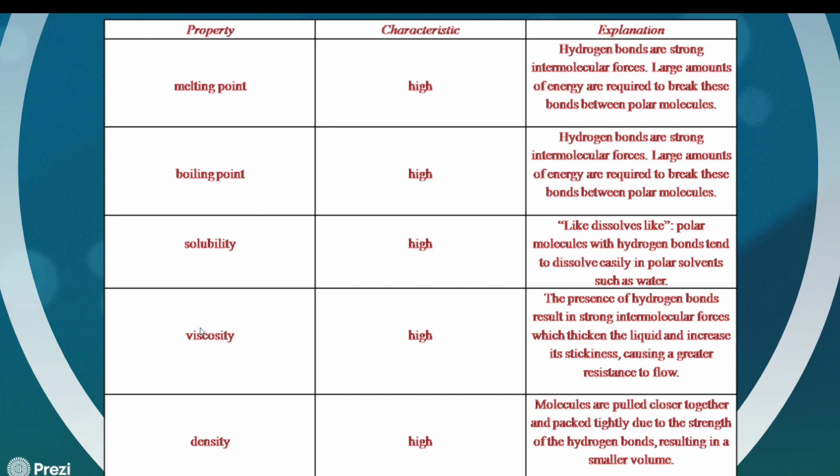So the forces are going to hold on to each other quite tightly. And keep in mind that's resistance to flow in particular, and not necessarily how quickly it flows, but resistance to changing of flow.